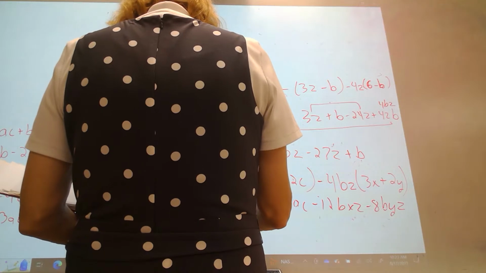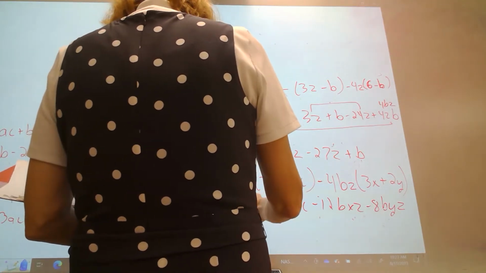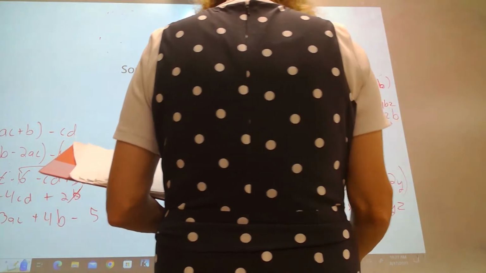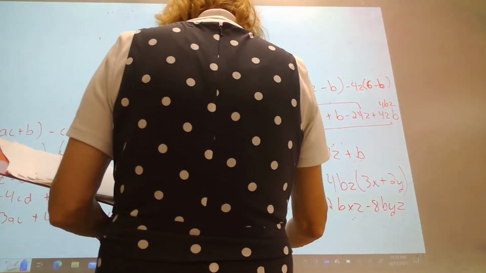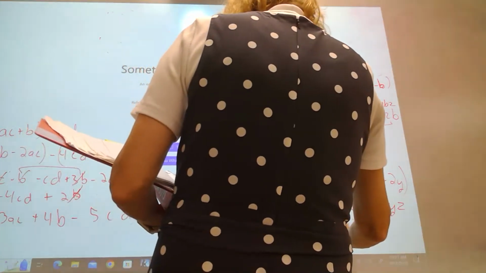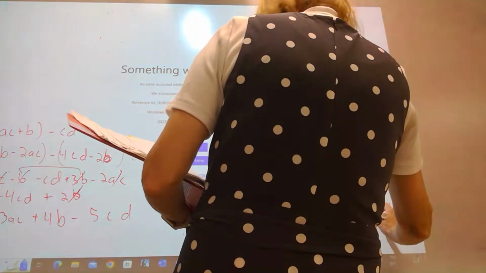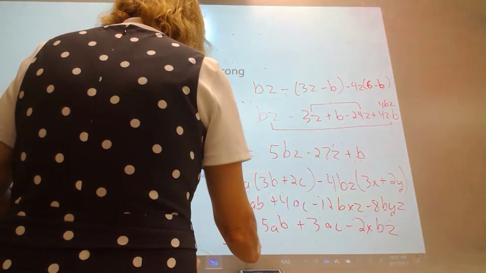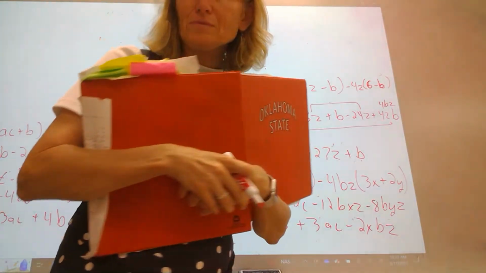Okay, now I'm going to take what we have here, 6ab plus 4ac minus 12bxz minus 8byz, and I'm going to add in some others. Plus 5ab plus 3ac minus 2xbz. Okay, so if I add in those, then tell me what the final answer is.